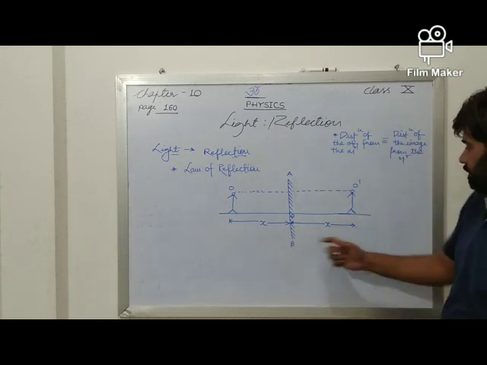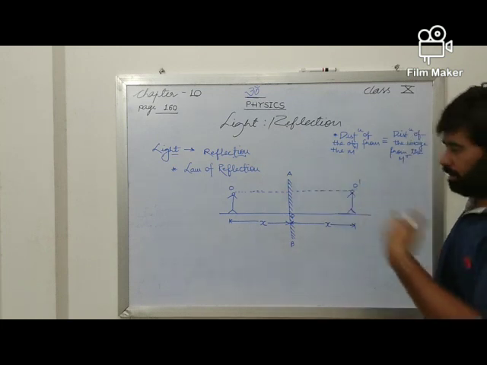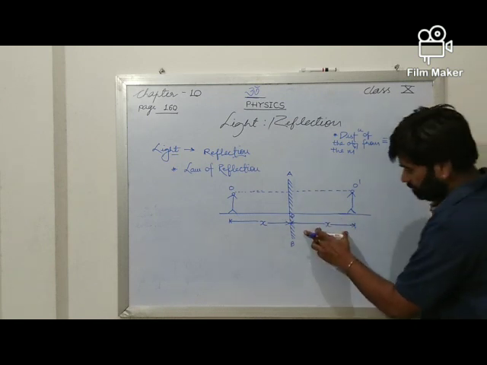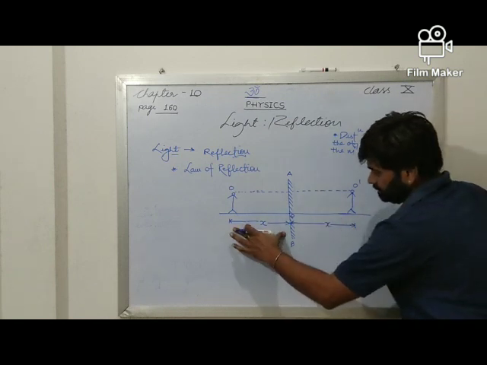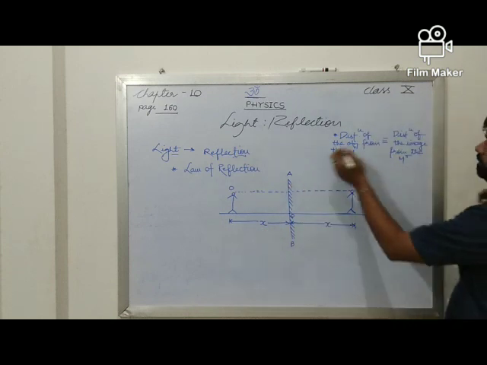Yes, we may see this in our Almira mirror. Although we cannot calculate this one, we may say that this distance will be equal to this, because this is a plane mirror. This is the first characteristic.